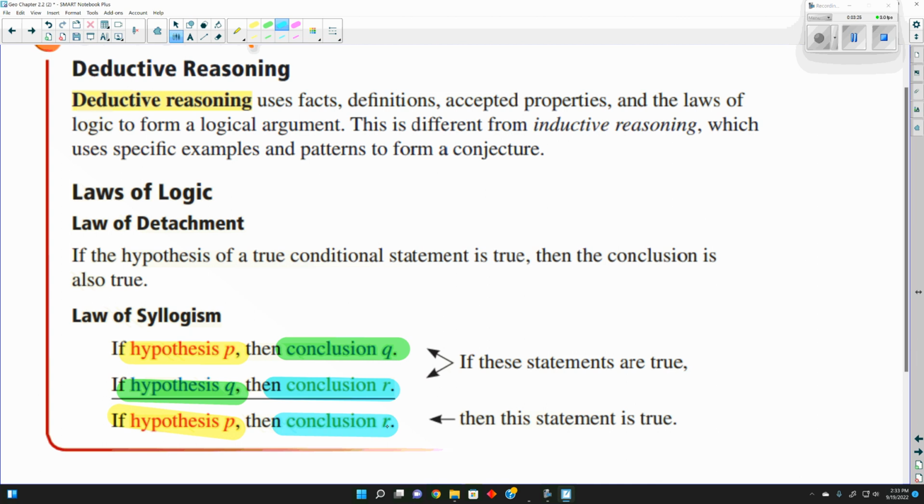So we have if P, then Q, and if Q, then R. If the hypothesis of one and the conclusion of the other match, we can combine the two statements into one to say if P, then R.